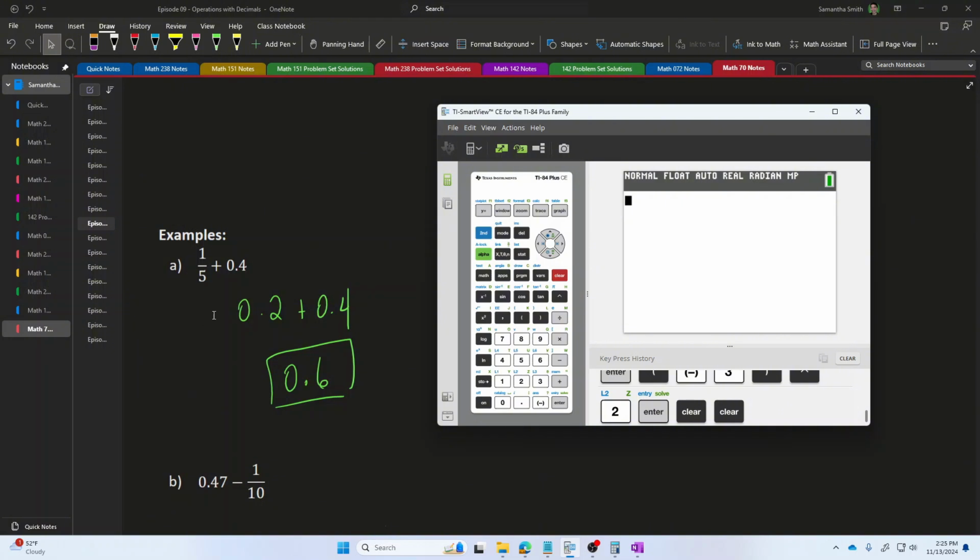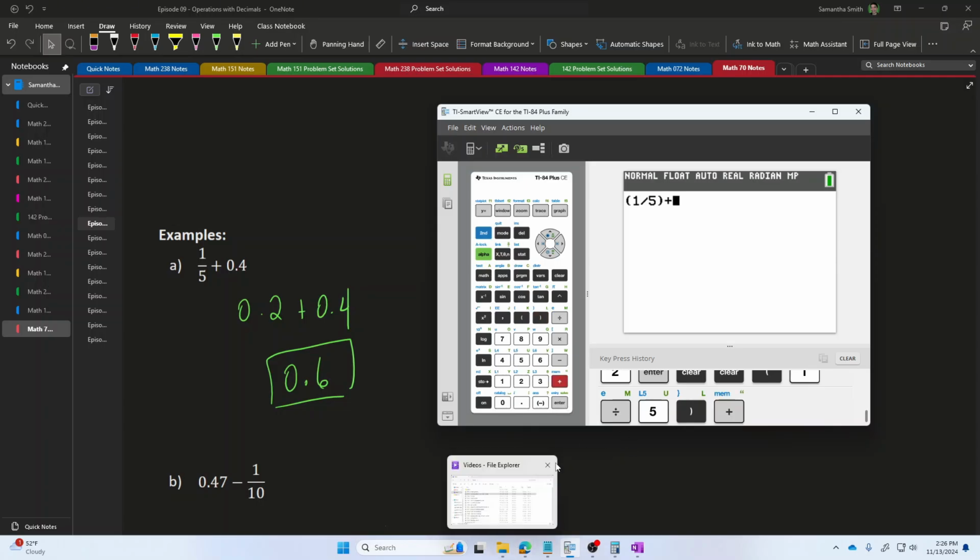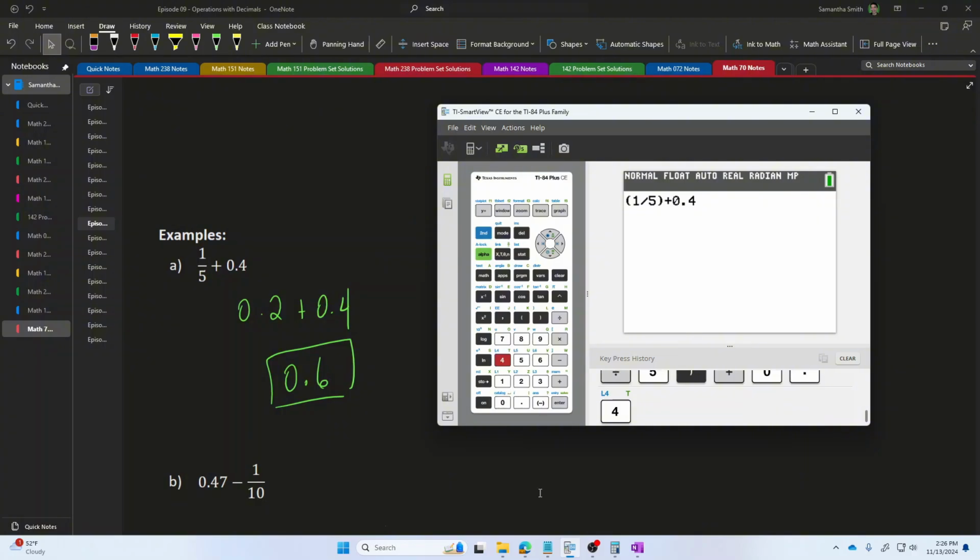So, for example, if I wanted the calculator to help me with 1/5 plus 0.4, I would put in parentheses the fraction 1 divided by 5 and then close that, and add that to the number 0.4. If I hit enter, I get the same result, 0.6, that I got via the Windows 11 calculator and the two-step process that we used earlier.